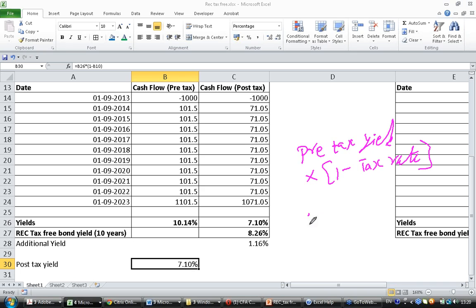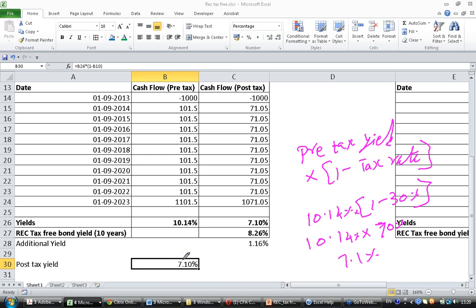What we have done is 10.14% into 1 minus 30% tax rate, or 10.14% into 70%, which gave us 7.1% as post-tax yield.